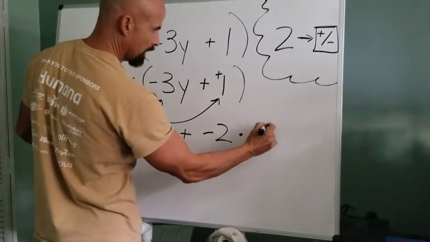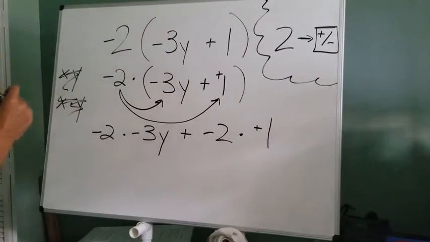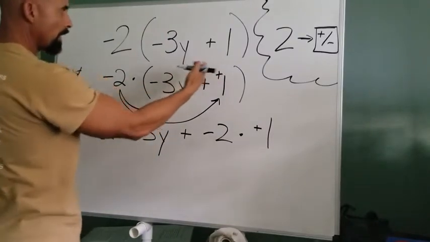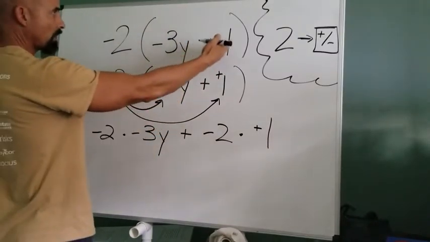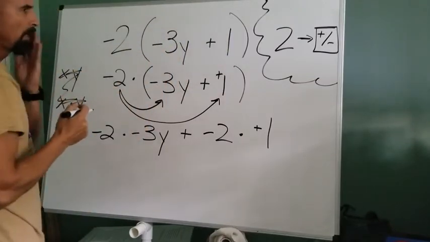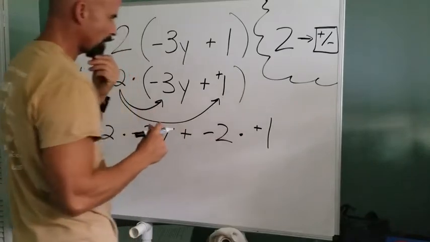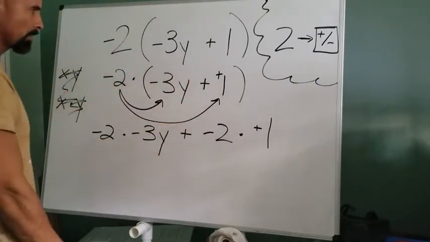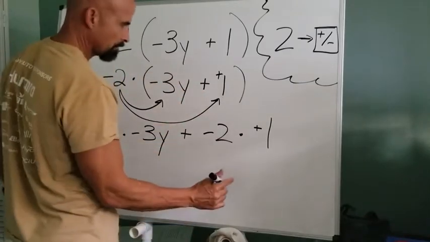So in this case, plus +1. If it were a -1, if it was 3y subtract 1, we would change that into plus -1, and then we would have a -1 there, but don't let that confuse you. Just watch what I'm doing. There are other videos you can watch on that.